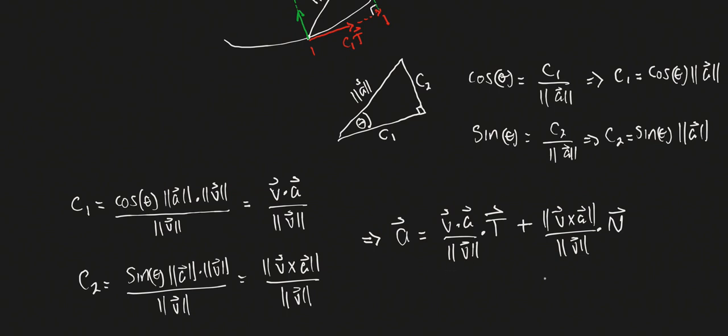And we have some special names for this. This coefficient of T is called the tangential scalar component, and it's usually written like this, little a sub T times our T, and then this scalar that's multiplying the N, this is the scalar normal component of acceleration.